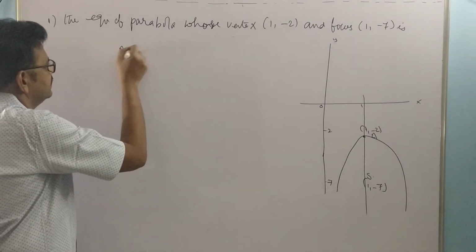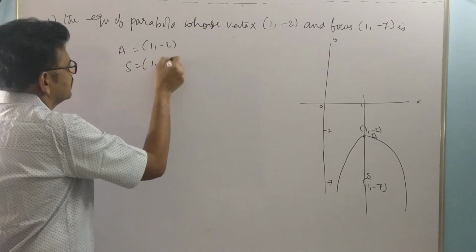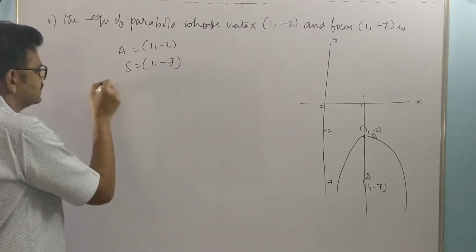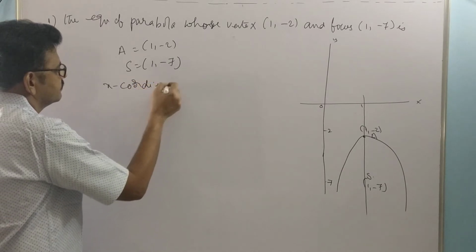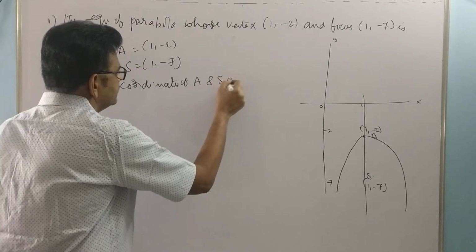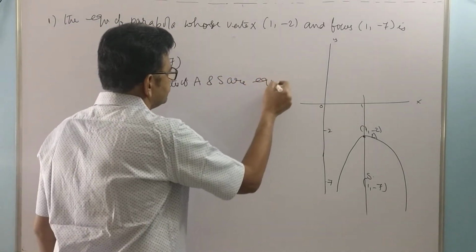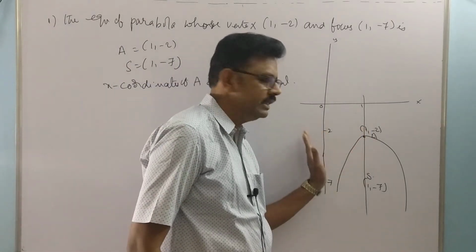Here A is (1, -2). Focus is (1, -7). The x coordinates of A and S are equal. Therefore, the axis is parallel to the y-axis.